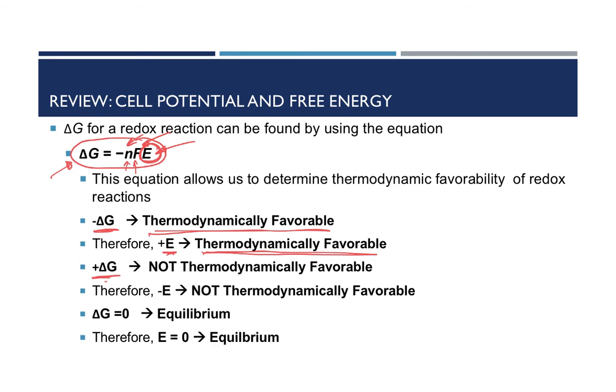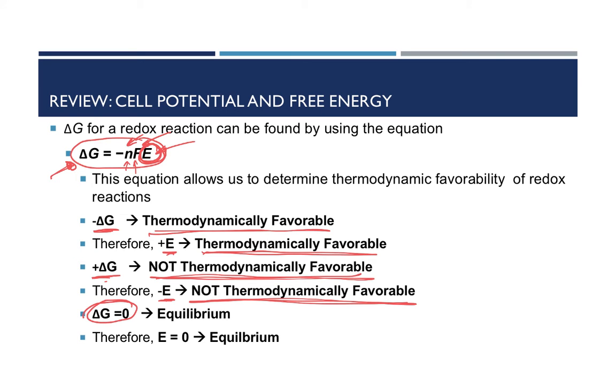If we have a positive ΔG, that's not thermodynamically favorable. How would we get that? Again, it depends upon the cell voltage. If the cell potential is negative, that's going to make ΔG positive, so it would not be thermodynamically favorable.